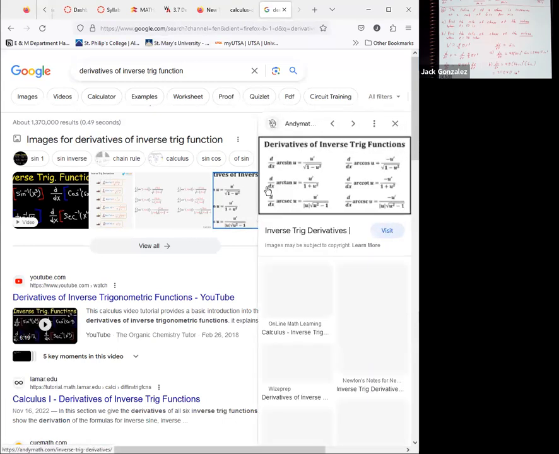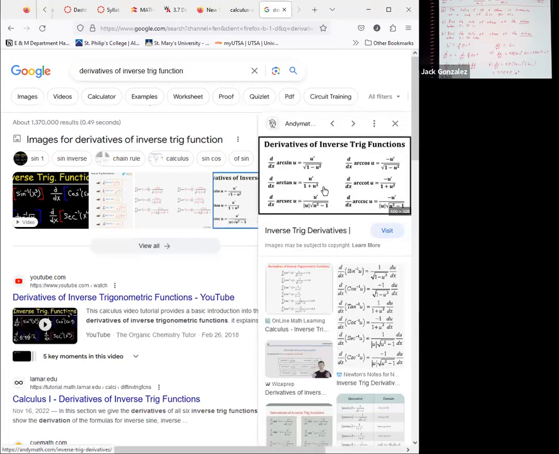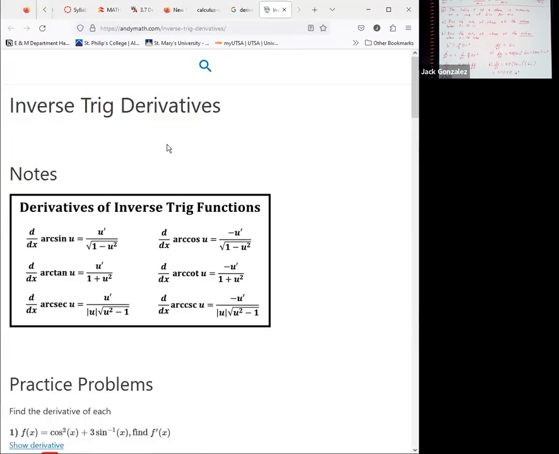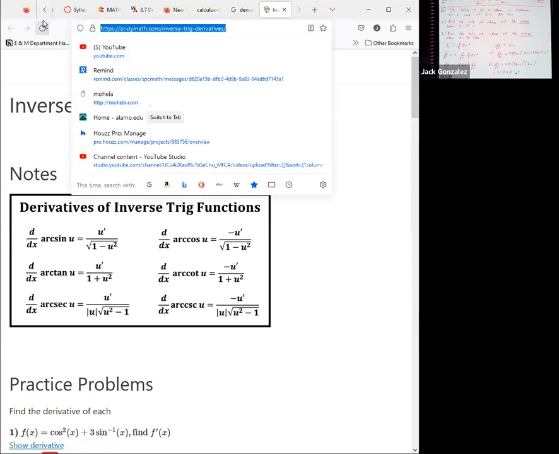These right here incorporate the derivative. Do you see that? So this is a more complete formula. So whatever u is in there, you just put the u prime on top. That's it.